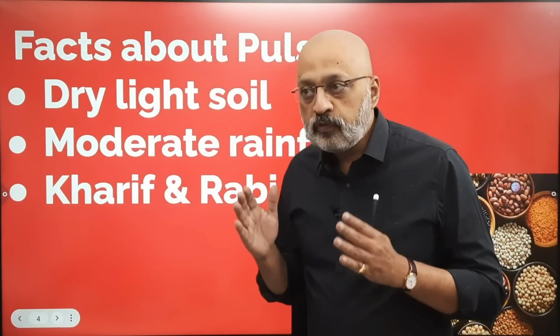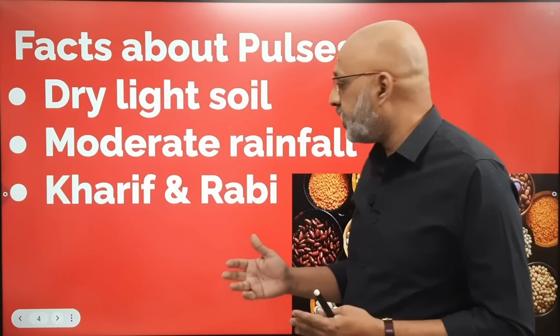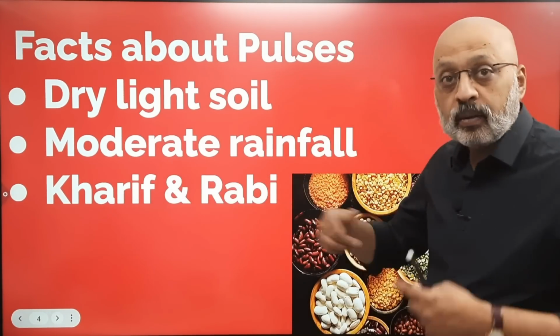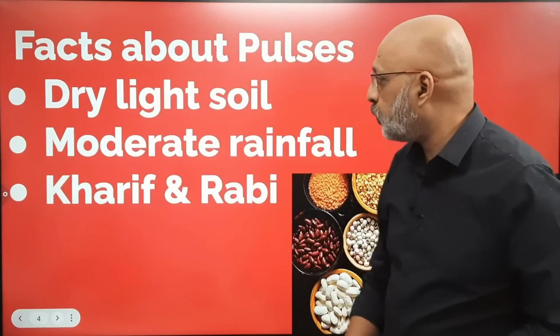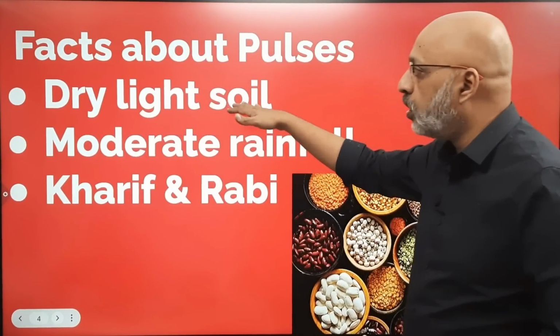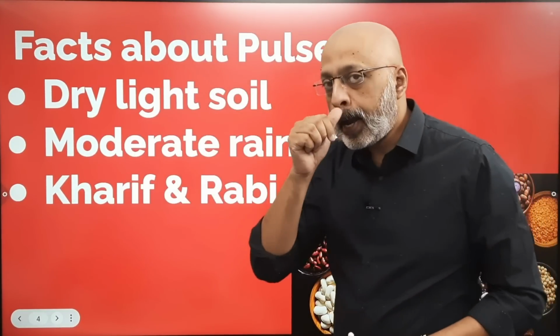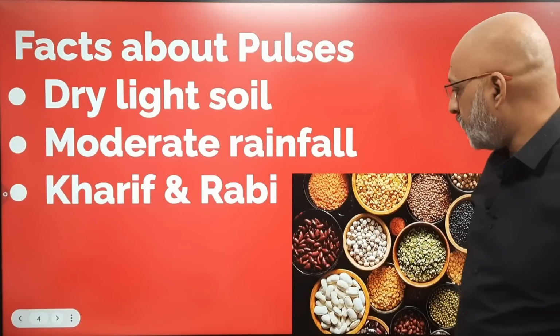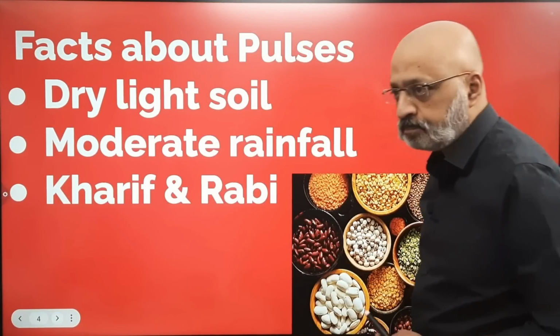So moderate rainfall of 50 to 75 centimeters and 20 to 25 degrees of temperature. It is both a kharif as well as a rabi crop because it's used as part of the crop rotation, and it is useful to have dry, light soil in order to grow these pulses. So these are the facts about the pulses. Ye kya hai? This is rajma.